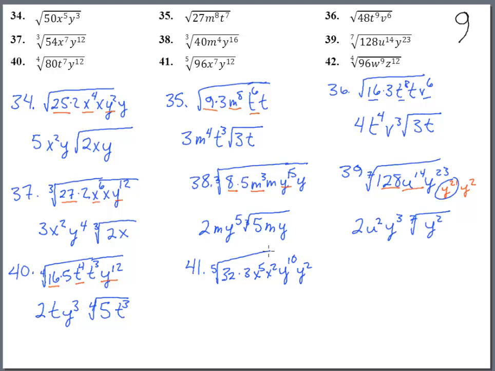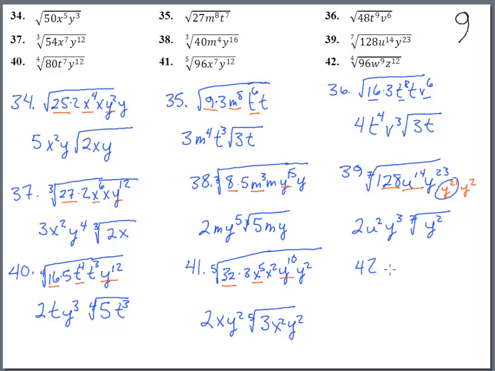We'll have a y squared left over. So let's mark the ones that are now perfect fifths. That guy, and that one. And we get 2x, y to the 10th, fifth root gives us y squared. Fifth root of 3x squared y squared. Can't go any further than that.